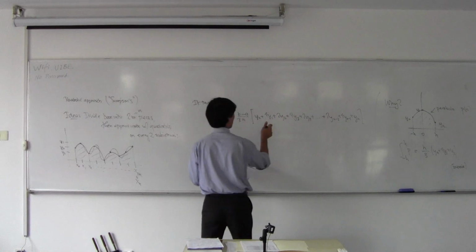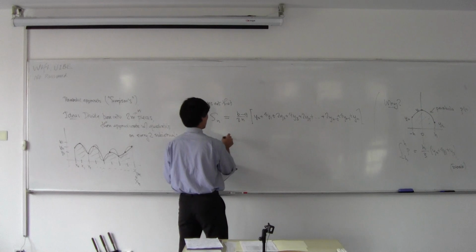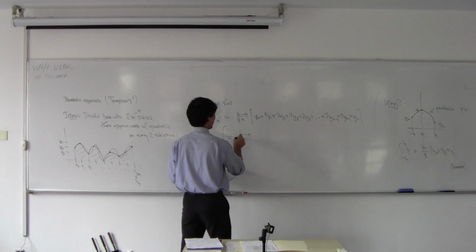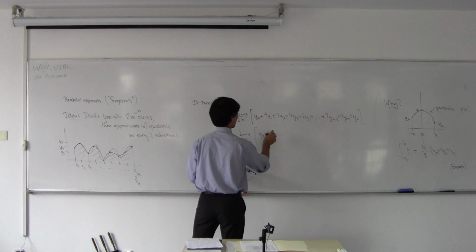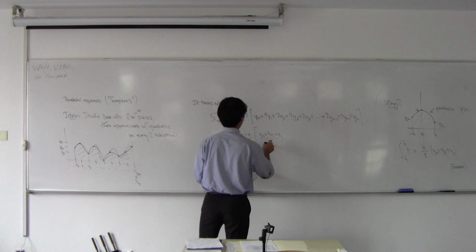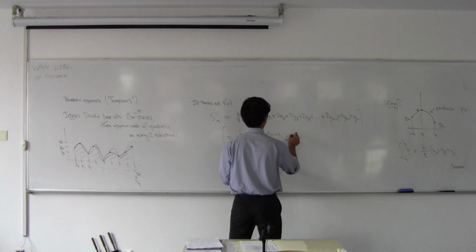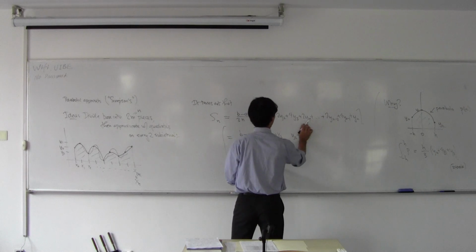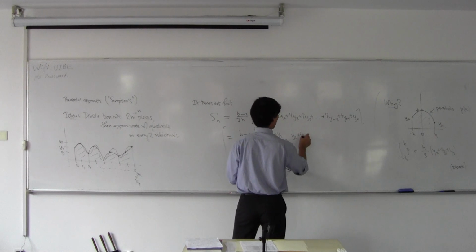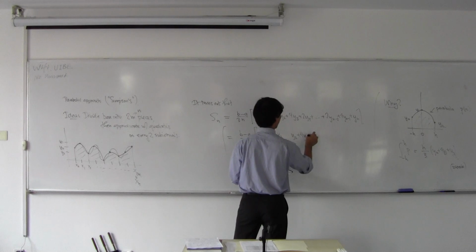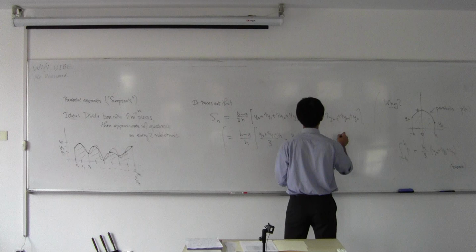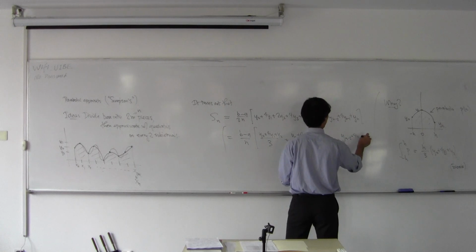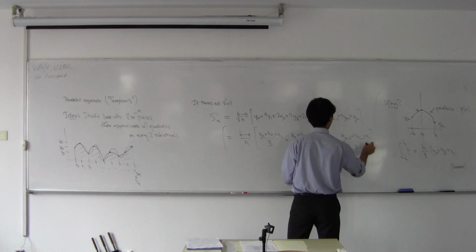What you get is b minus a over n times y naught plus 4y1 plus y2 over 3, plus y2 plus 4y3 plus y4 over 3, plus and so on, up to yn minus 2 plus 4y n minus 1 plus y sub n over 3.